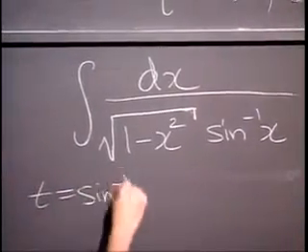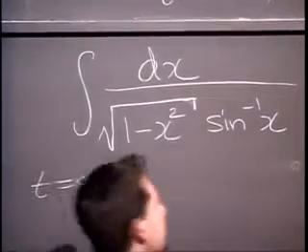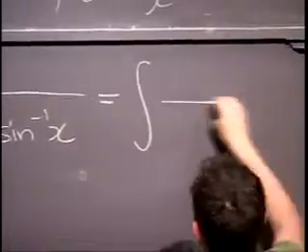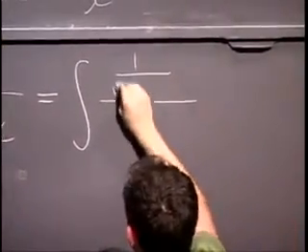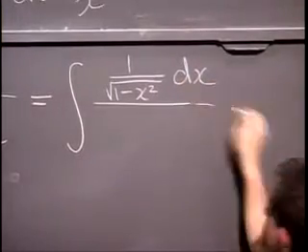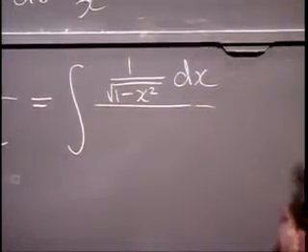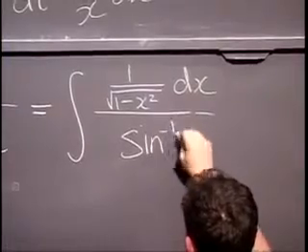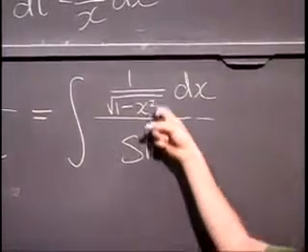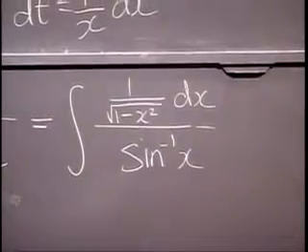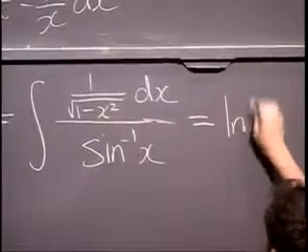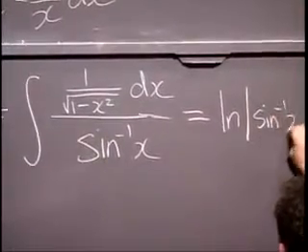And again, it's worth trying and convincing yourself that the other sneaky way to do it is exactly what we did before. Just bring that 1 over square root of 1 minus x squared into the numerator. And now notice that the derivative of inverse sine is exactly this numerator. So the answer is just natural log of inverse sine x.